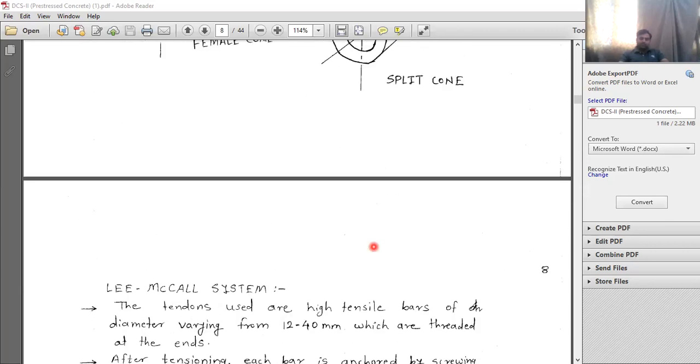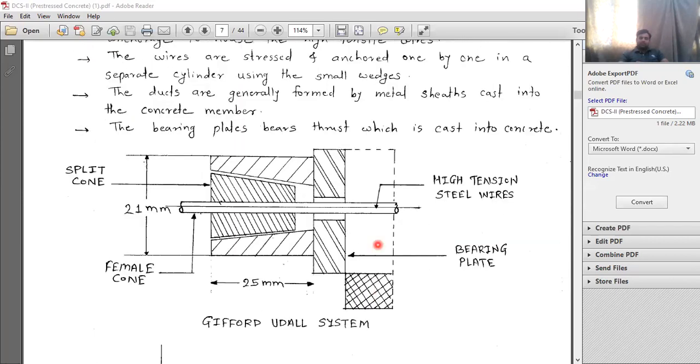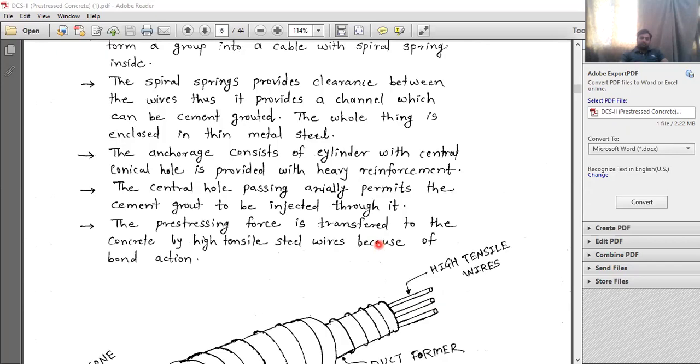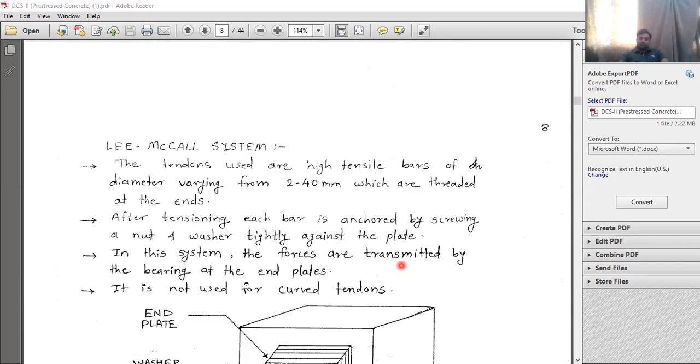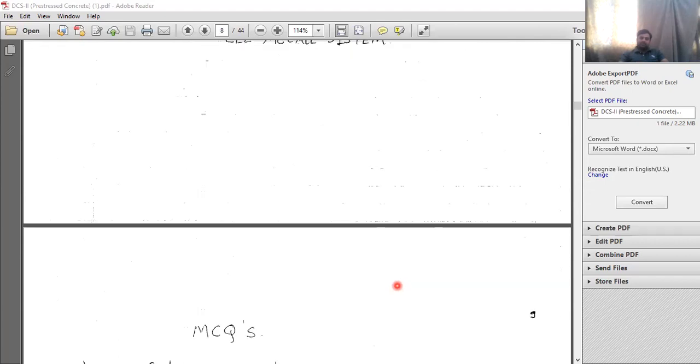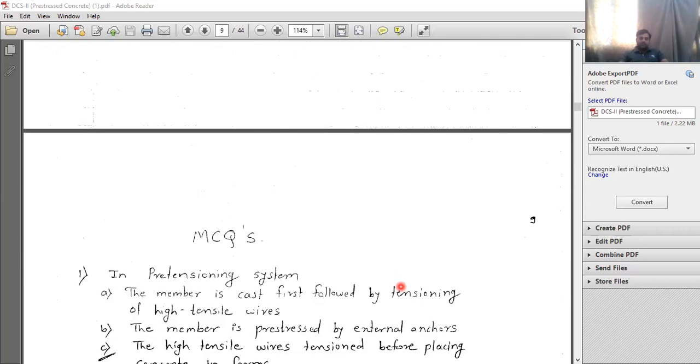We have seen the Freyssinet system, the Lee-McCall system, and the Gifford-Udall system. Then we have seen some introductory points for prestressing. We have seen why prestressing is beneficial, and what the defects are in our conventional concrete members. All these things we have discussed in this unit.